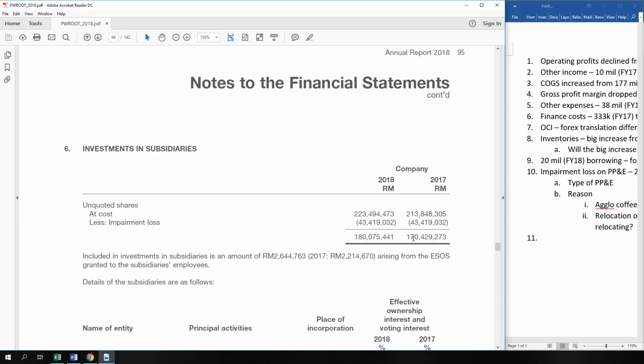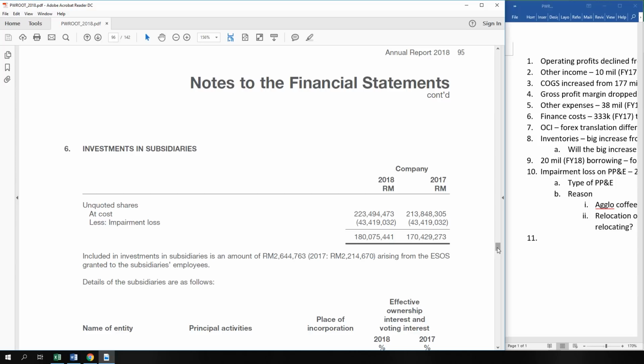Yeah, you see here there was about 9 million of acquisitions of shares. Just now, remember in the balance sheet, there was about 9.2 million, in the cash flow of investing activities, there was about 9 million of acquisitions of shares.